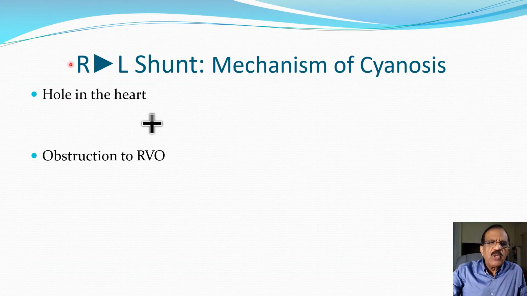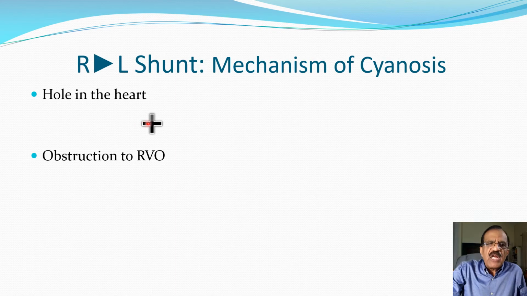Now, I told you whenever there is a hole in the heart, there is always left to right shunt. The reason is that at all levels, atrial level, ventricular levels, or great vessels, the pressure on the left side is always higher than the pressure on the right side. So following the principle of physics, following the gradient, blood will flow from left to right.